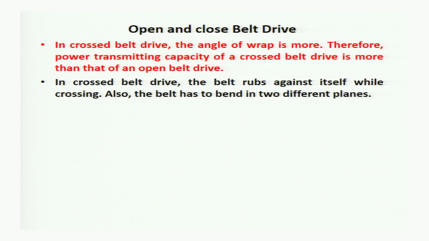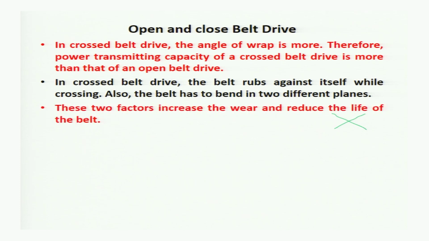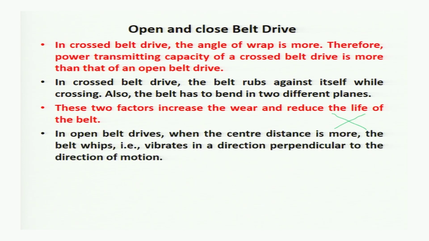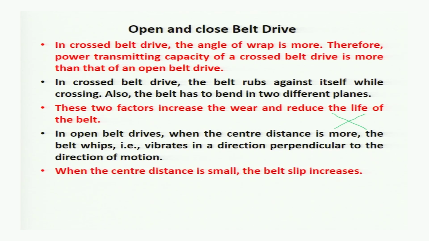In cross belt drive, the belt rubs against each other because it is crossing each other. While crossing, also the belt has to bend in two different planes. These two factors increase the wear and reduce the life of the belt. In the open belt drive, when the center distance is more, the belt whips, that is, vibrates in a direction perpendicular to the direction of motion.